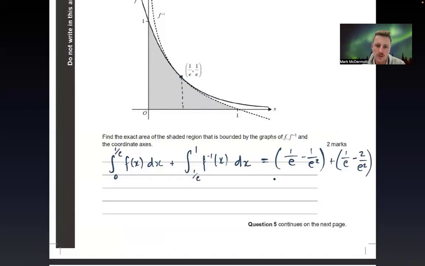I think that looks reasonable. Okay, so collecting terms, this plus this is 2 on e minus 1 on e squared minus 3 on e squared. That's what I think.